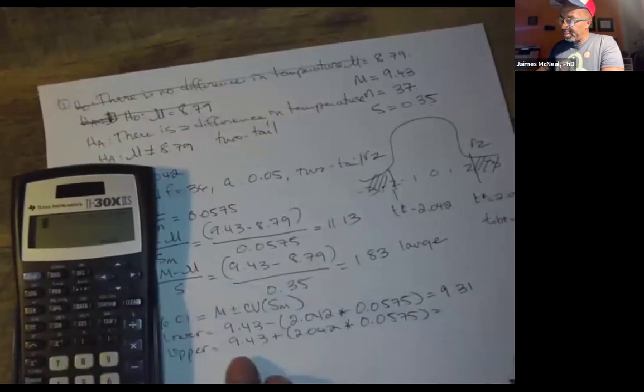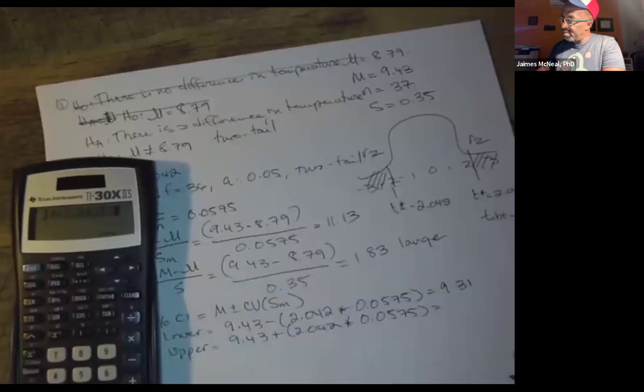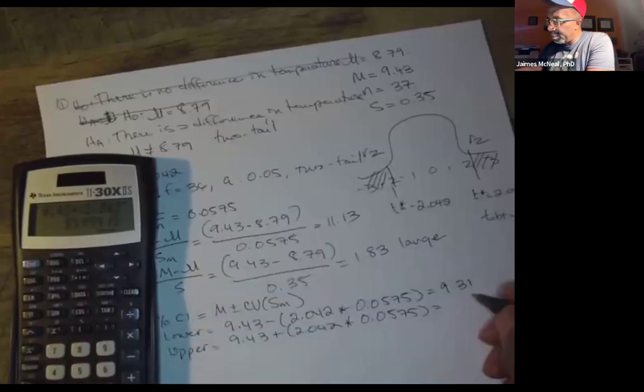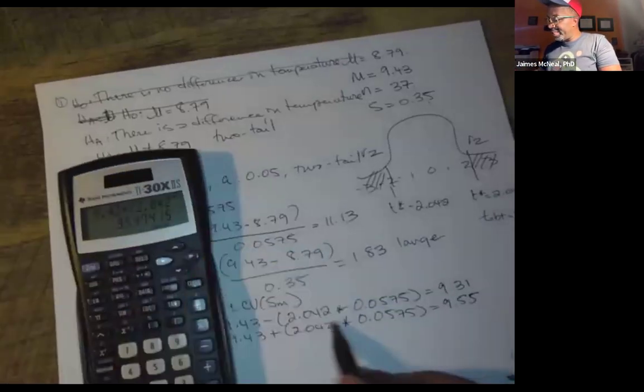And the upper, 9.43 plus parentheses, 2.042 times 0.0575, which is 9.547, which is 9.55.